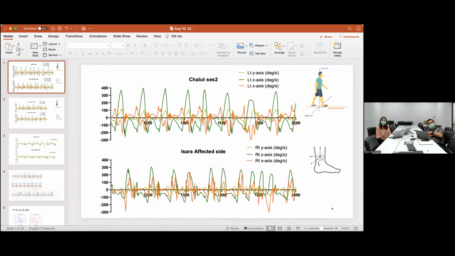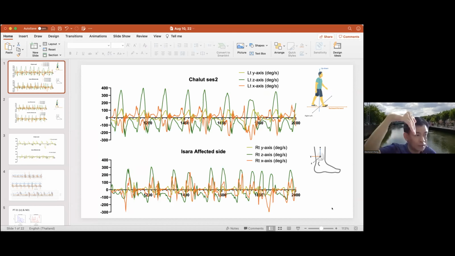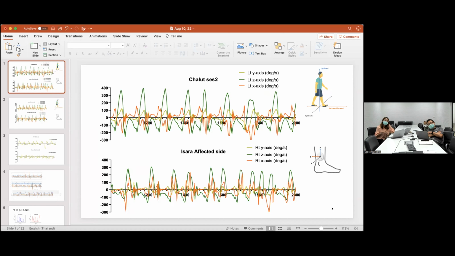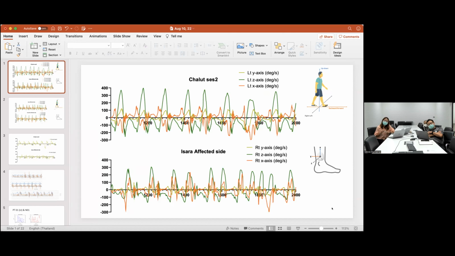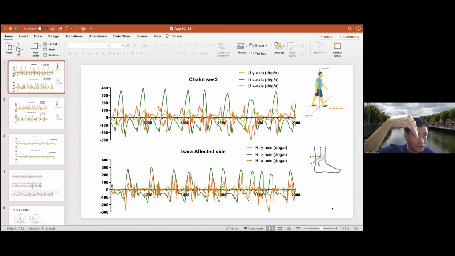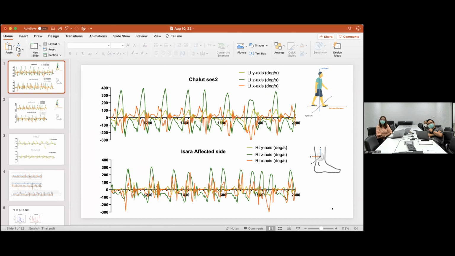I suppose there must be a reference point. Positive and negative would be swinging forward and swinging backward. So if you integrate, there will be a positive area and a negative area, right?